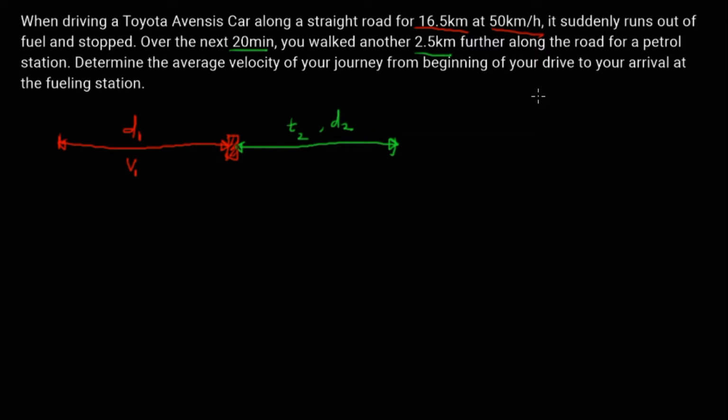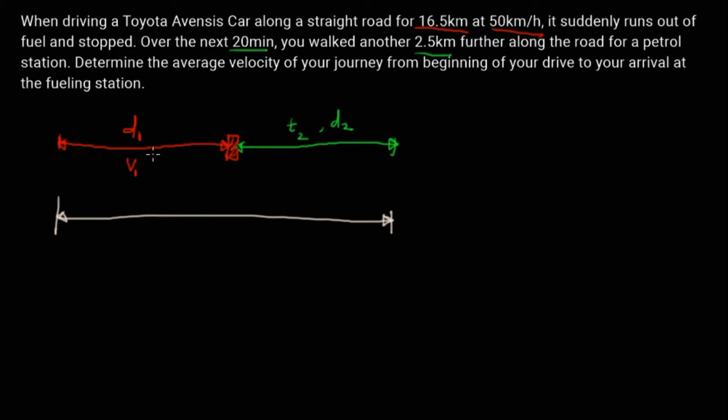Now, determine the average velocity of your journey from the beginning of your drive to your arrival at the fueling station. So we want to find the average velocity from this point to this point. I told you average velocity is about the total displacement and the total time taken.